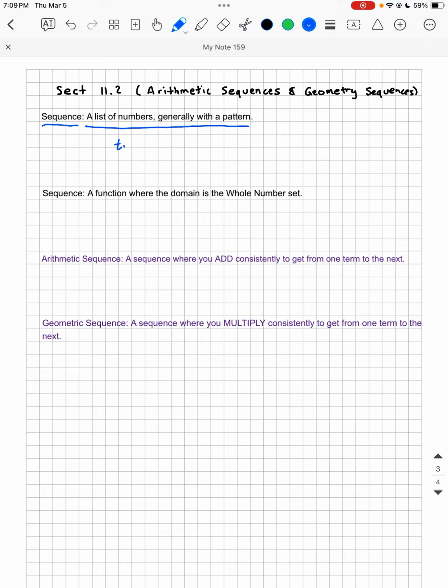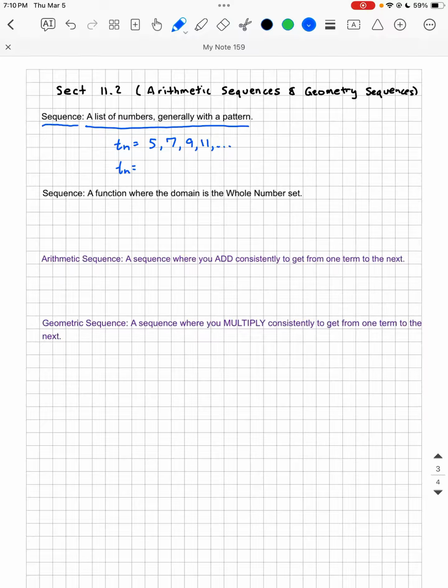So for example, t of n, which is how we denote a sequence, is equal to maybe 5, 7, 9, 11, and so on and so on. That is our sequence, and you'll note that the pattern is we start at 5 and we just add 2 to get to our next term.